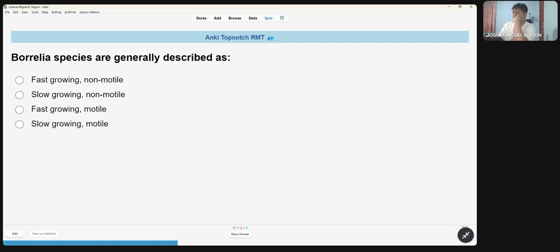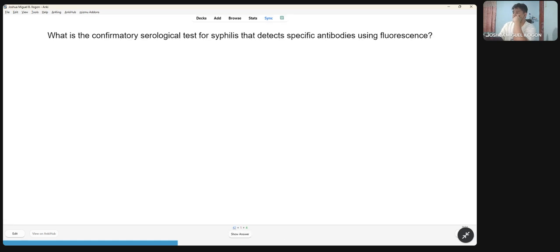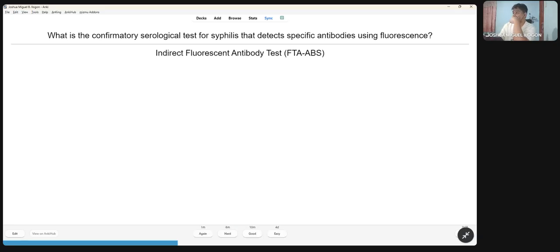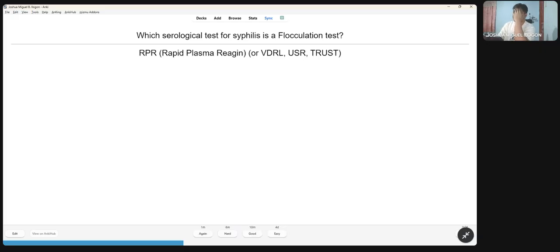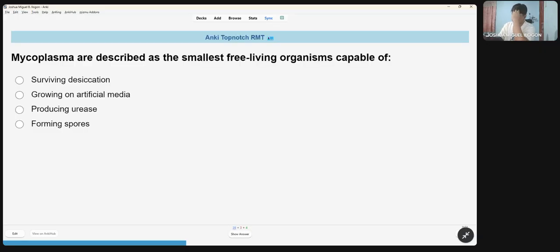Slow growing. Indirect fluorescent antibody test. Tuberculosis. RPR. Alright. Growing on artificial media.